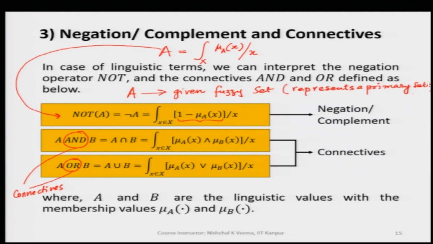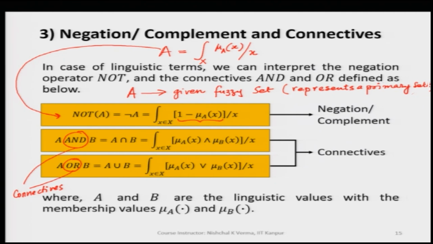This AND can also be replaced by but. If we use but or AND, both are the same. So, let us first take A and B. We have already done this exercise in one of the previous lectures. When we have two fuzzy sets connected by the AND connective, we simply use intersection.